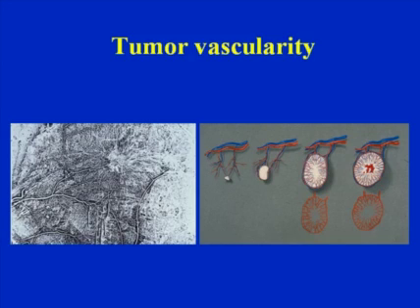Now, if we compare the very small tumor, this happens to be a breast tumor, a few millimeters, we can see the very abnormal vessels that occur very early in tumor development. And Dr. Folkman, of course, theorized, and correctly so, that for a small tumor to progress from 2 or 3 millimeters to several centimeters, it has to incite this abnormal vascularity.